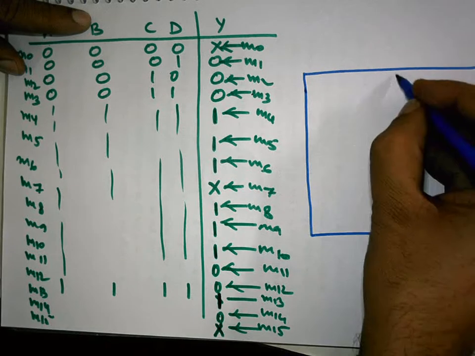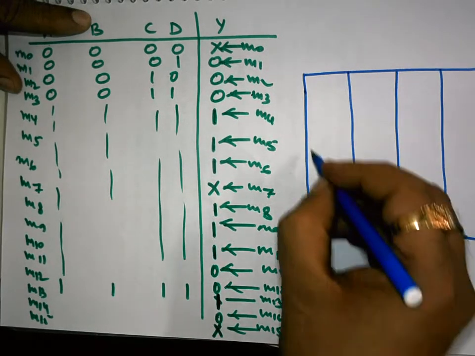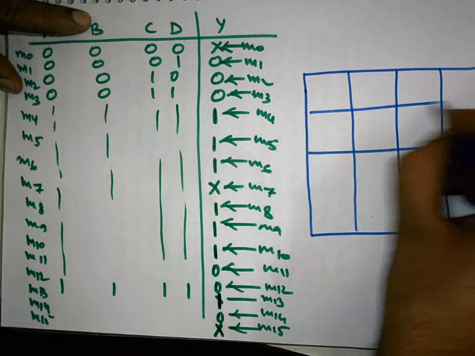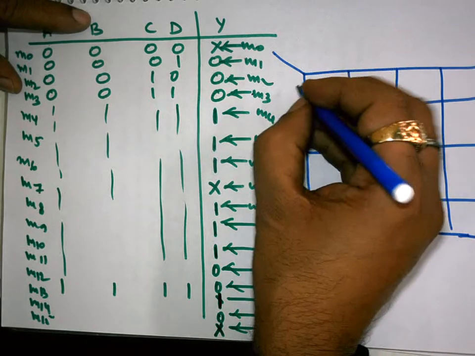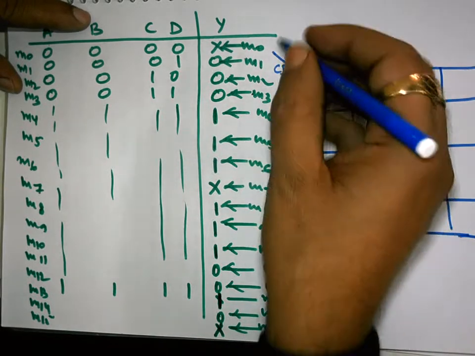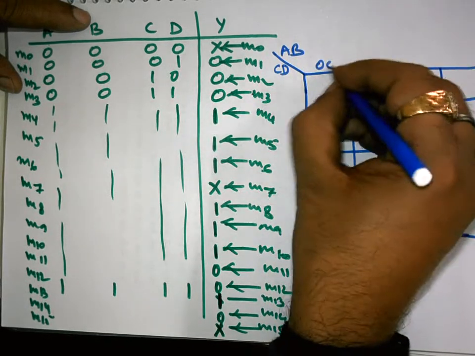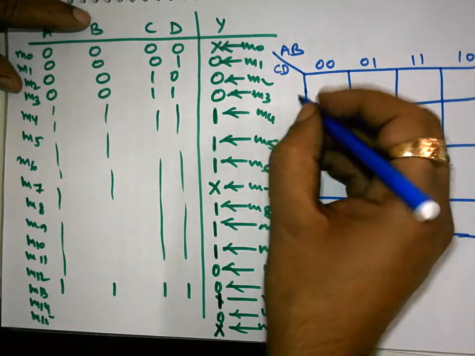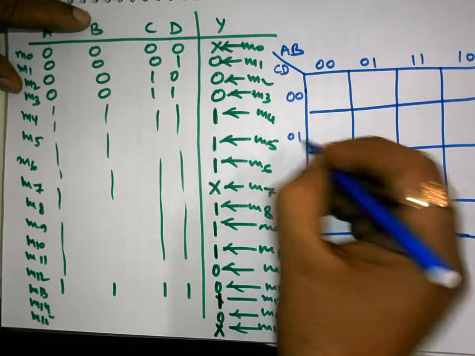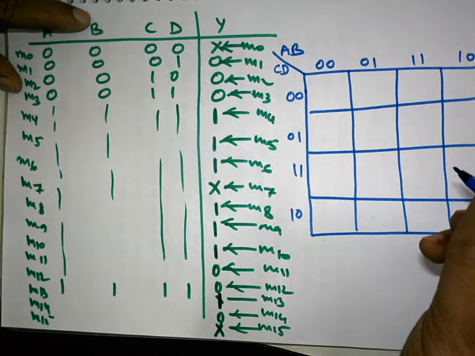Now suppose I wish to map these min terms or product terms in a K-map, and this K-map is like this: CD is mapped on the row side and AB is mapped on the column side. So 0 0, 0 1, 1 1 and 1 0, this way.